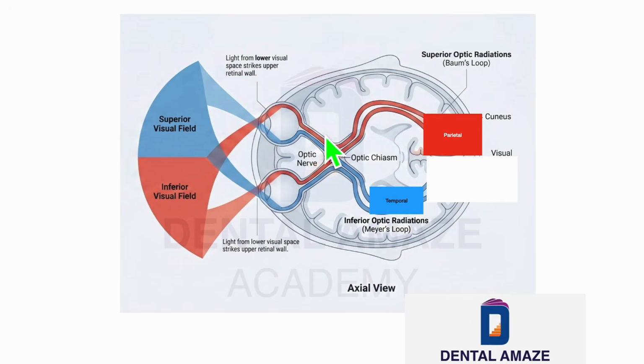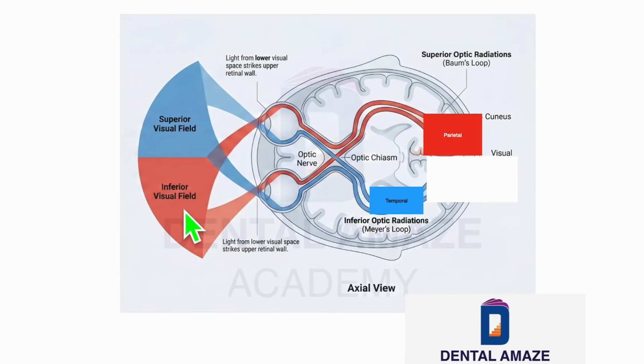Superior retina, superior part of your brain, parietal lobe, or superior optic radiations, which is above. As I told you, B is coming before M, Baum's loop. Now, to understand the pathology, you just shift to the other side. So, inferior retina, superior visual field; superior retina, inferior visual field.